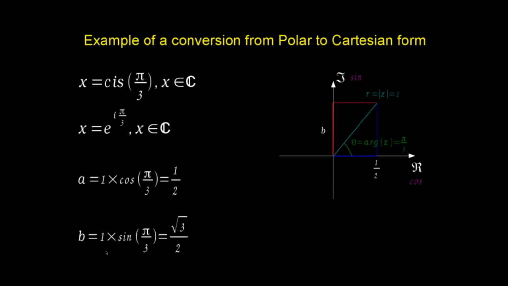And b will be 1 times sine of π divided by 3, which is the square root of 3 divided by 2. So we have now our solution to b, which is square root of 3 divided by 2. Extremely easy. So we can now write our complex in the Cartesian form as z equal to 1 divided by 2 plus square root of 3 divided by 2 i.